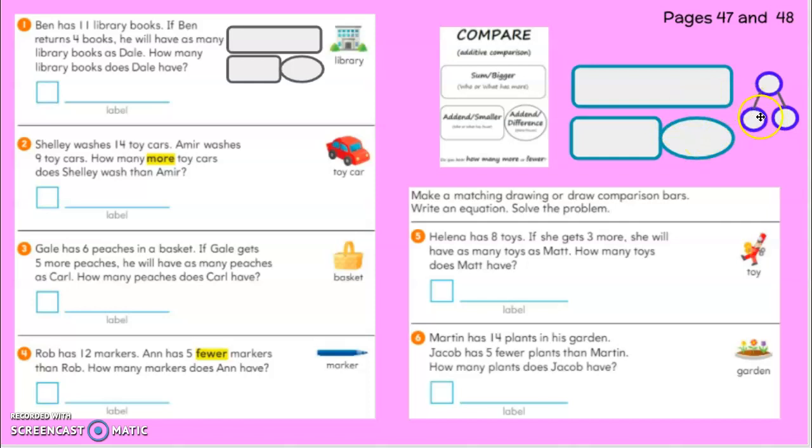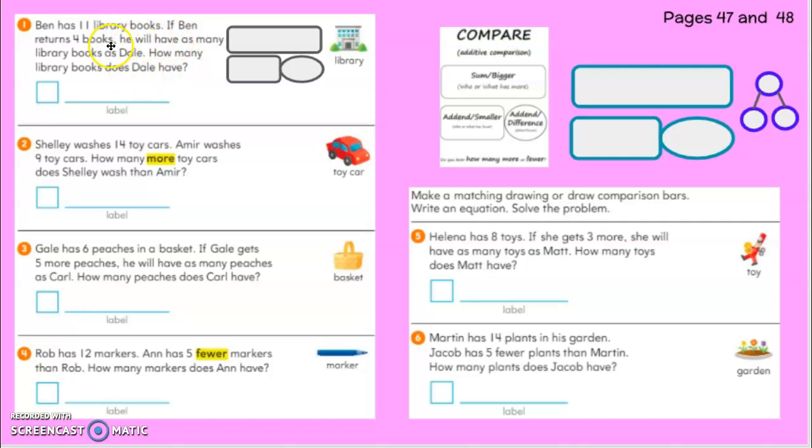So somewhat alike, somewhat different. So I'm going to need to have this drawing on every one of my sections today. Okay, so I need to read and think about the problem. How many library books does Dale have?